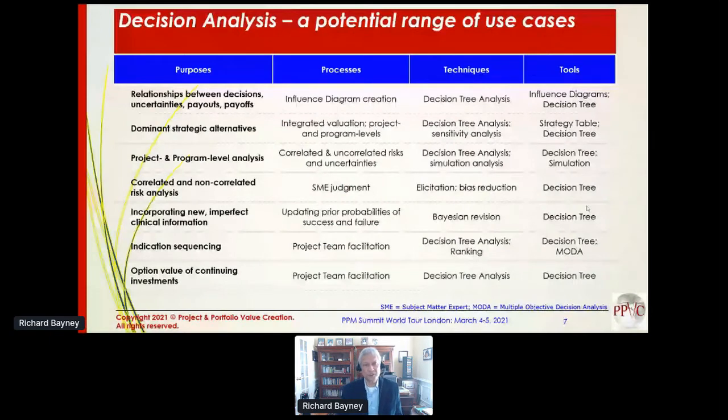There is a potential range of use cases for decision analysis. We don't have the time to go through all of these, but I'm simply aligning you to the purposes, in fact, in the leftmost column as I describe here.